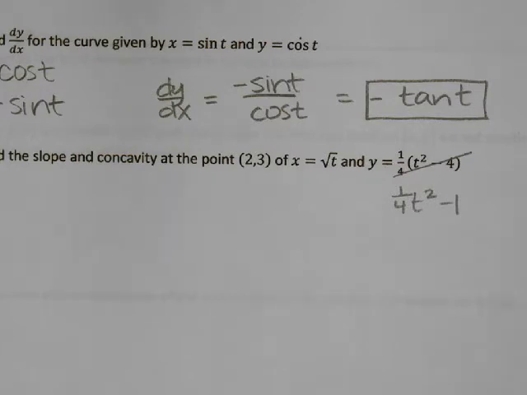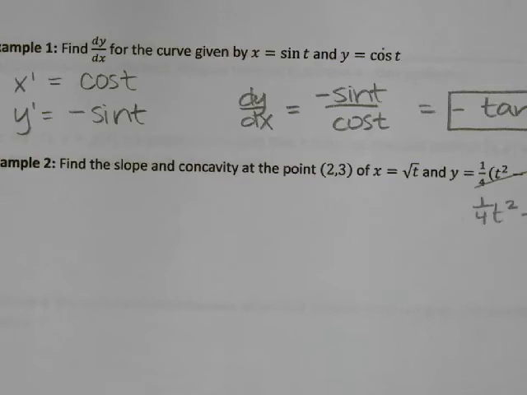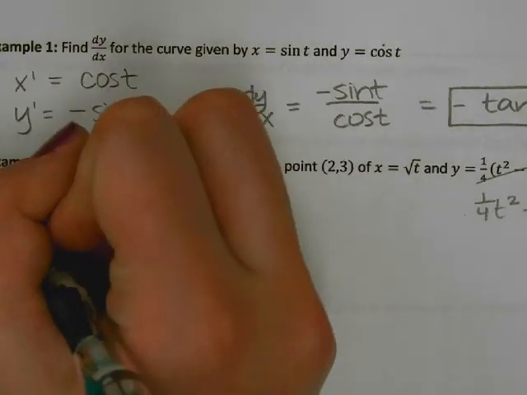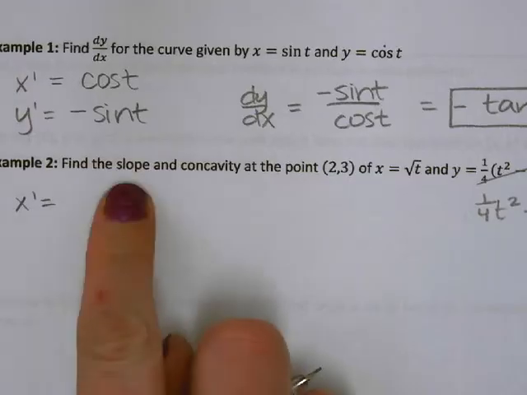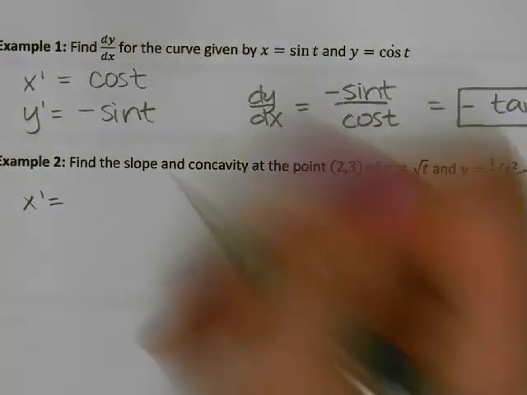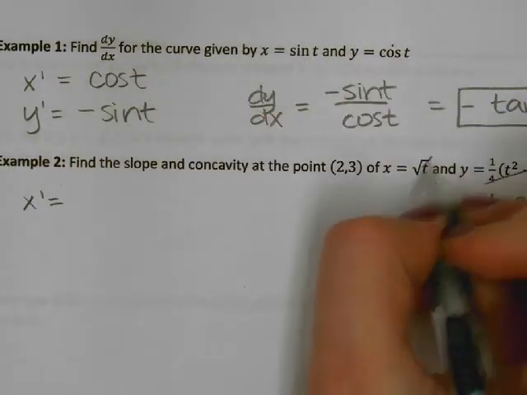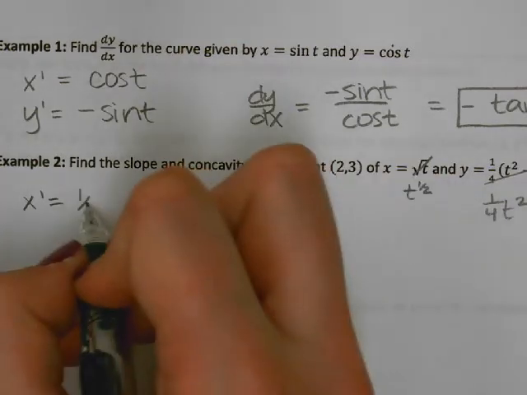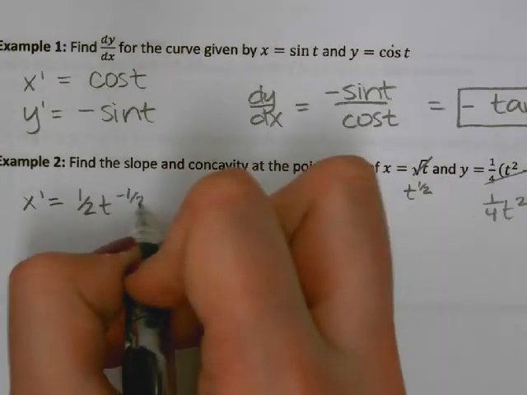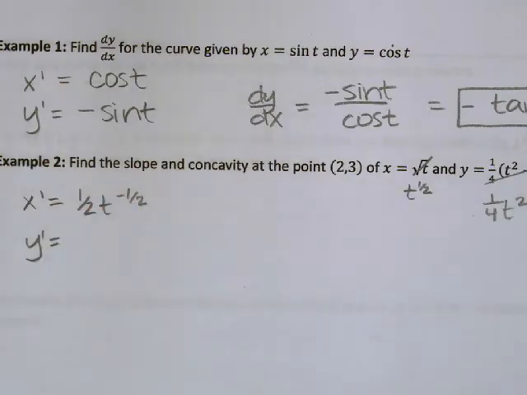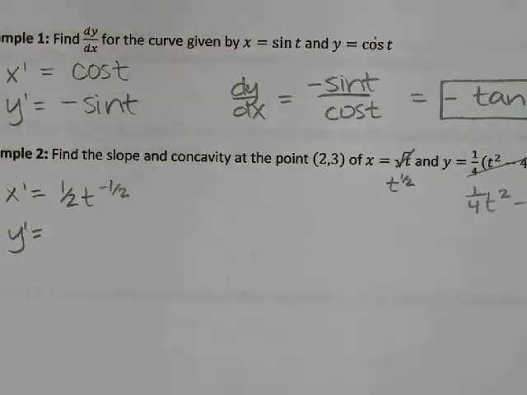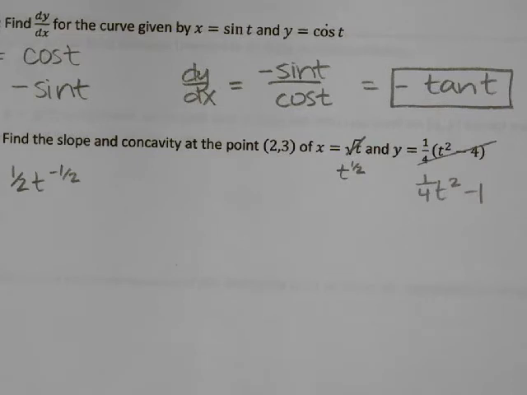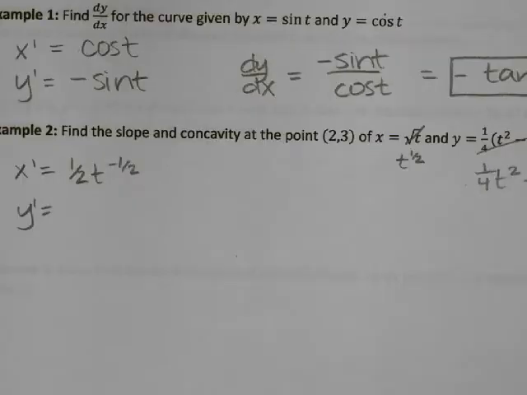The derivative of x, thinking of this as t to the 1/2, would be 1/2 t to the negative 1/2. The derivative of y is going to be 2/4 t.